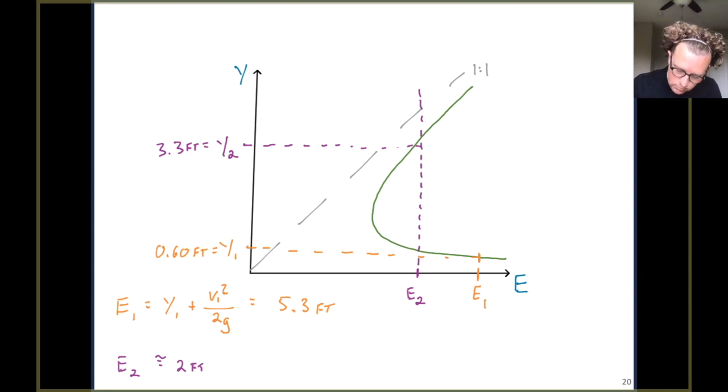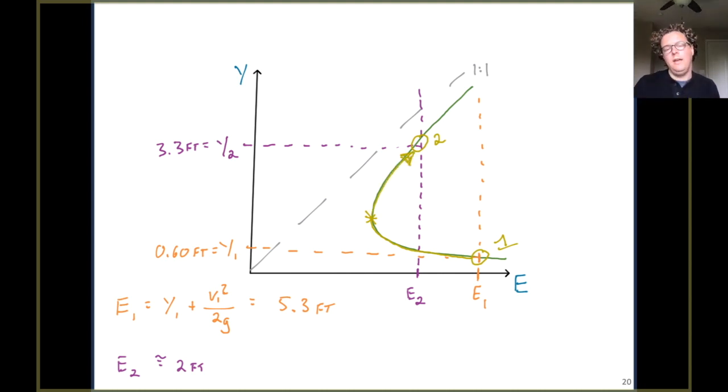Right? And so plotting it out on the specific energy diagram, I think, is a helpful exercise for us because it helps give you a sense of what's actually happened in the problem. Right? What the hydraulic jump did was it started at point 1, it ended at point 2, and we transitioned through that standing wave at the critical point around the specific energy diagram up to the subcritical arm.